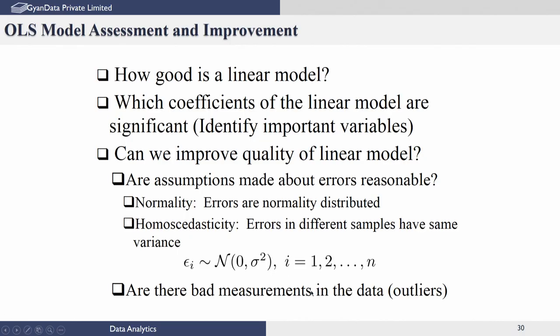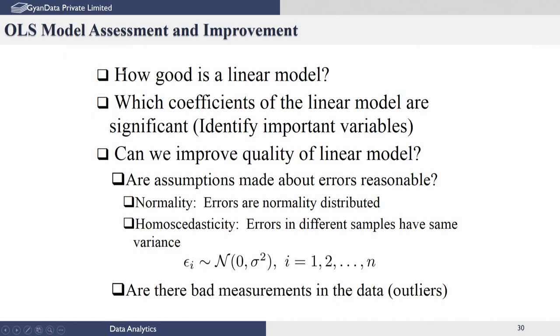So, we want to remove such bad data from our data set and fit a linear model only using the remaining measurements, and that will improve the quality of the linear model. So, these are some of the things that we need to actually verify: whether the assumptions we have made about the errors are reasonable or not, and if there are bad data, whether we can remove them or not.